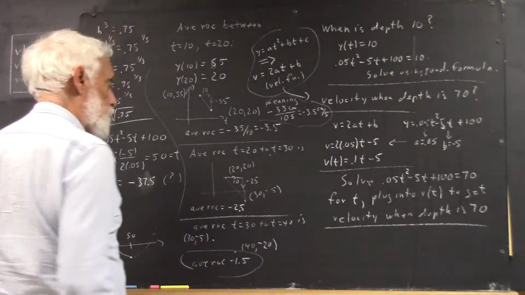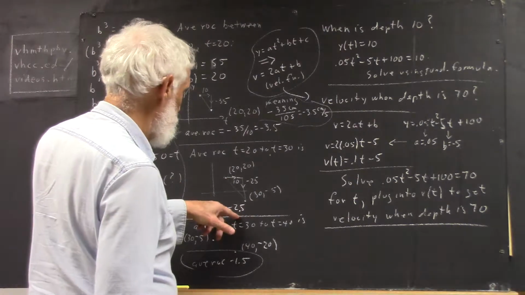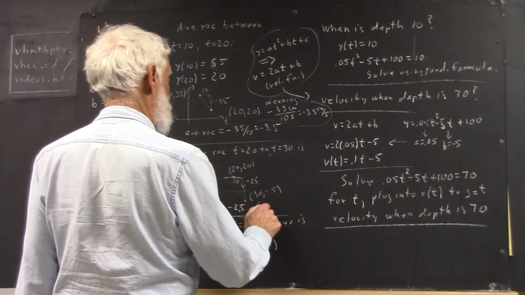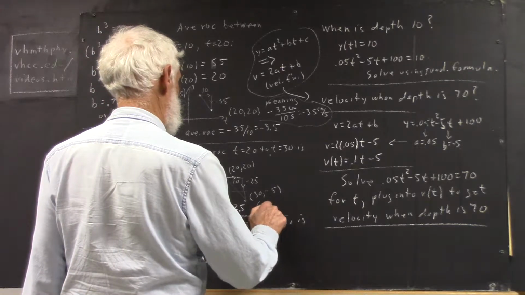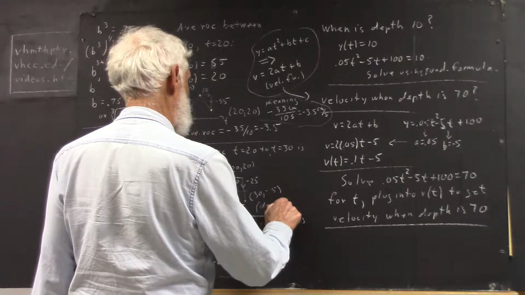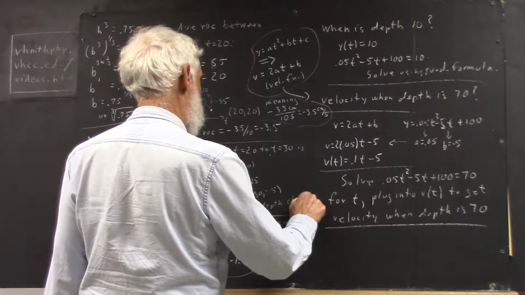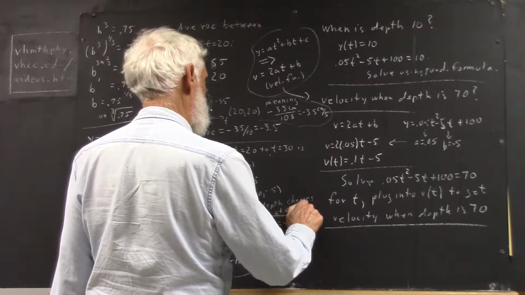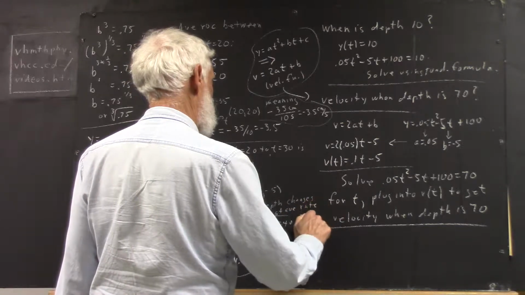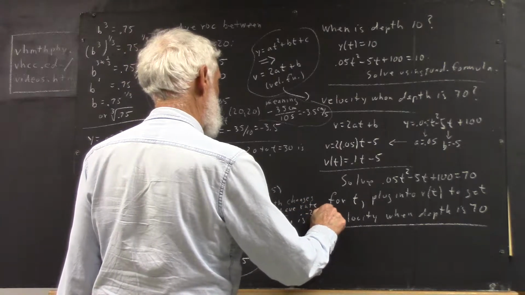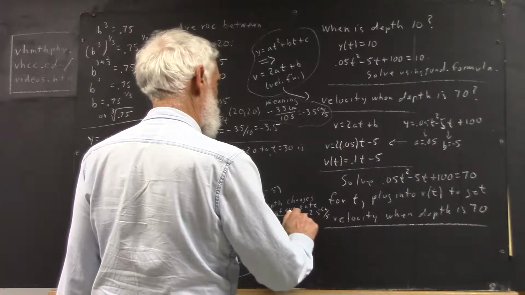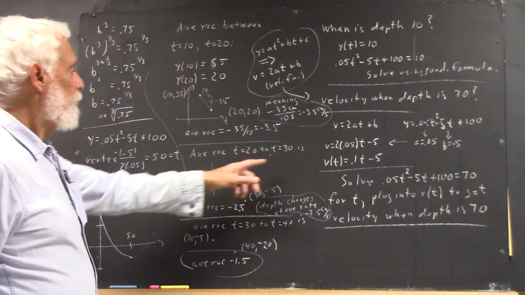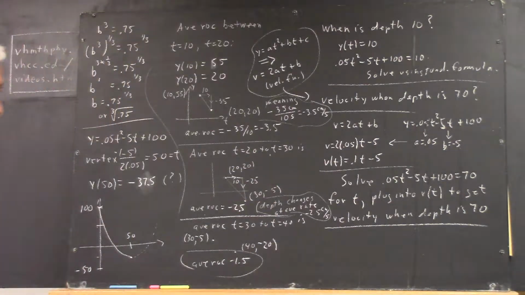The average rate of change is −25 over 10, which is −2.5, meaning the depth changes at the average rate of −2.5 centimeters per second between t equals 20 seconds and t equals 30 seconds.